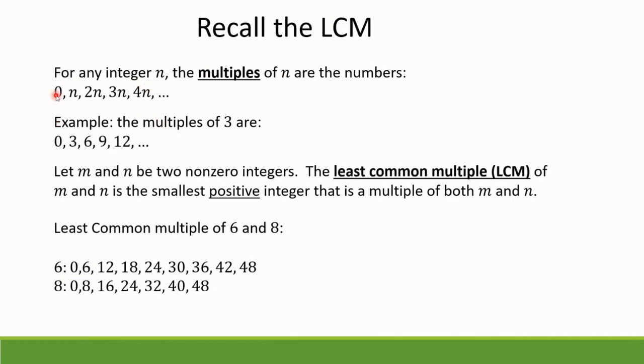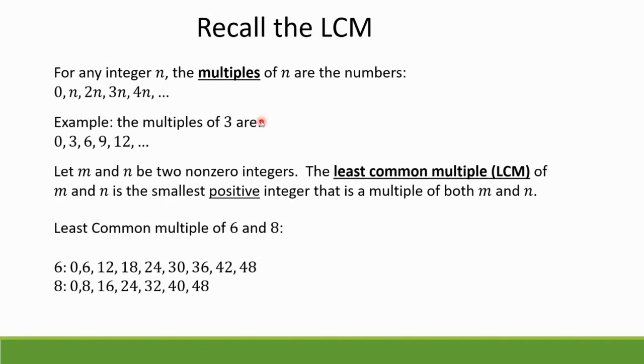It's 0, which is a multiple. You have n itself, 2 times n, 3 times n, 4 times n. You're just multiplying that integer n by any non-negative integer: 0, 1 times n, 2 times n, 3 times n, and so on. This is the example with 3.